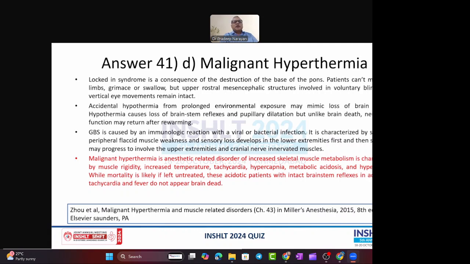And locked-in syndrome, again, it is different to brainstem death because the patient can still move the eyes. There is voluntary blinking. There is some movement. And Guillain-Barré syndrome, it's a gradual loss of neurological functions. It starts usually in the lower limbs and then moves upwards. So malignant hyperthermia is the answer here. Next slide, please.